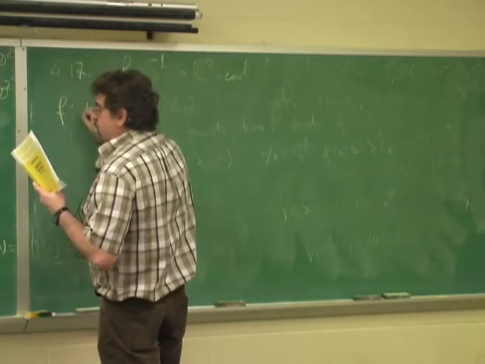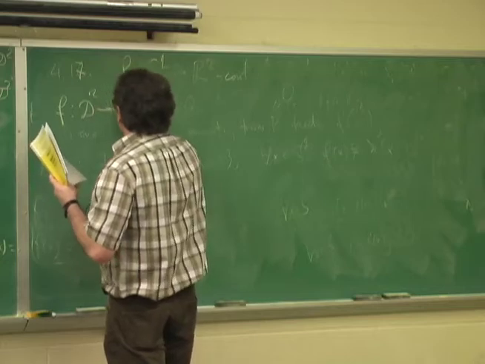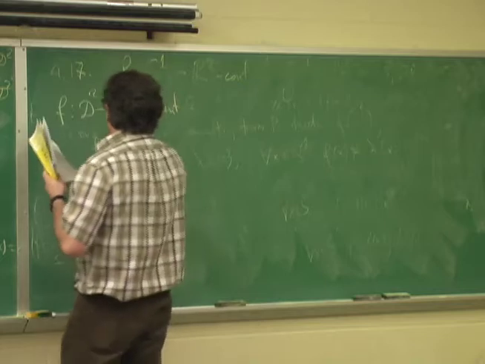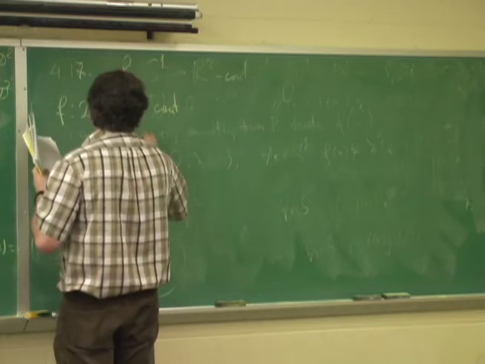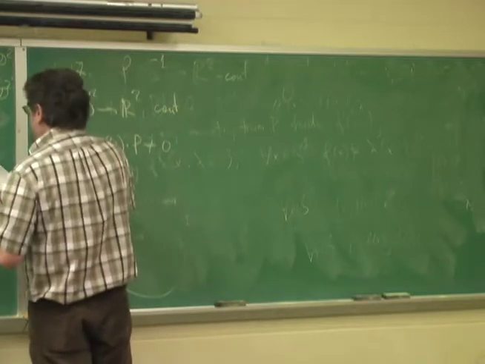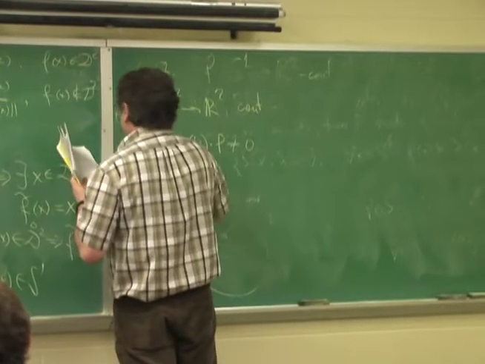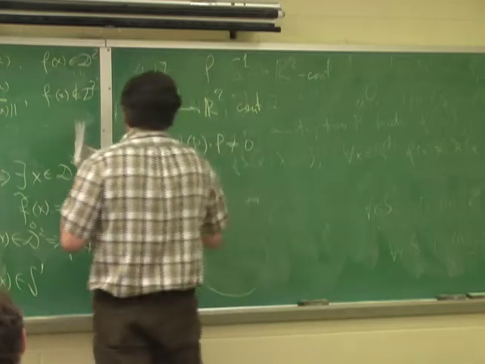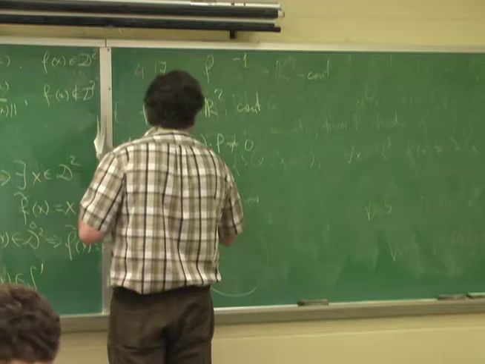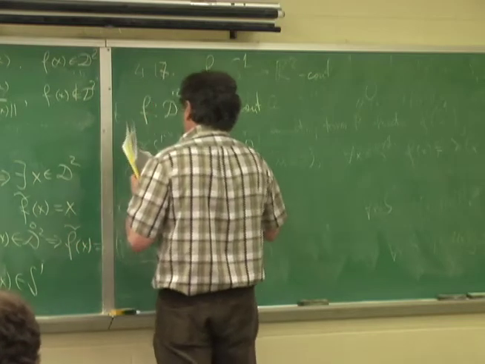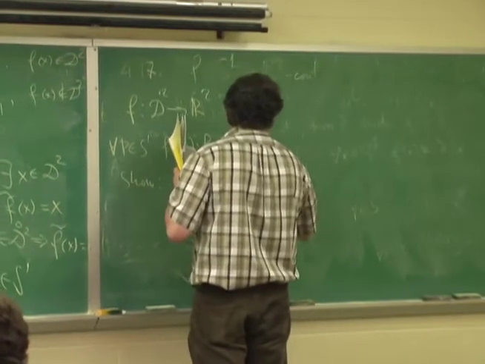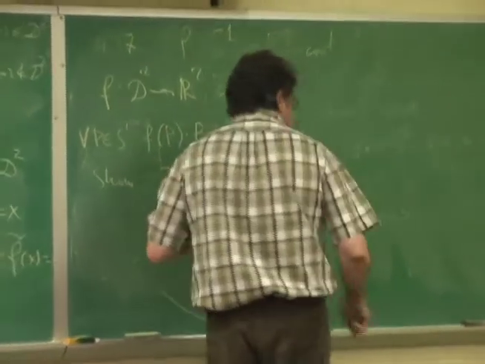F from D2 to R2 is also continuous, and f of p dot p, it is a dot product, is never 0 for any p in S1. Show there exists q in D2 such that f of q is 0.